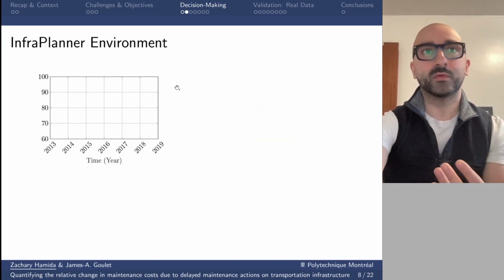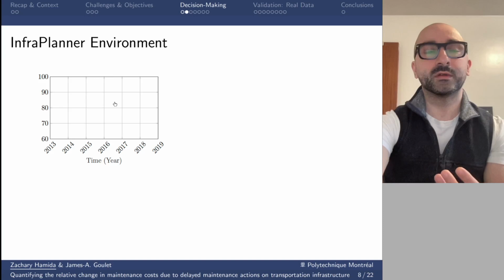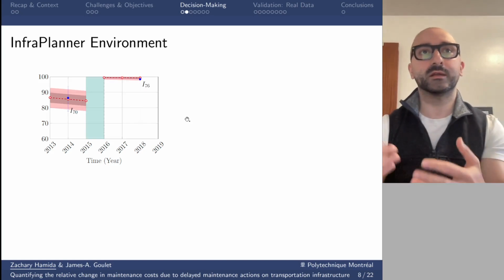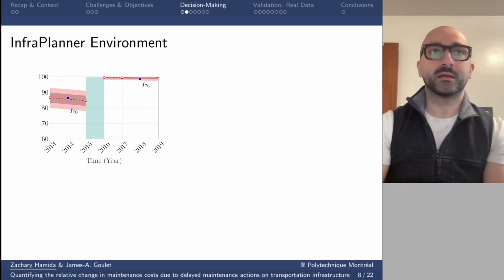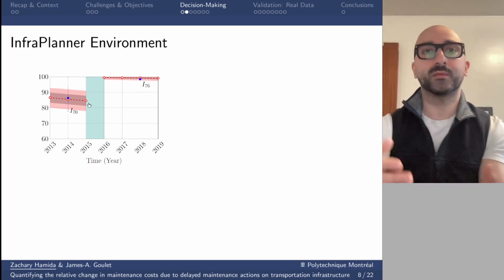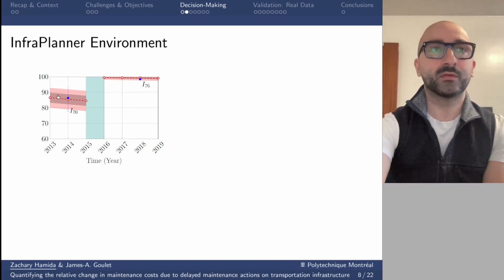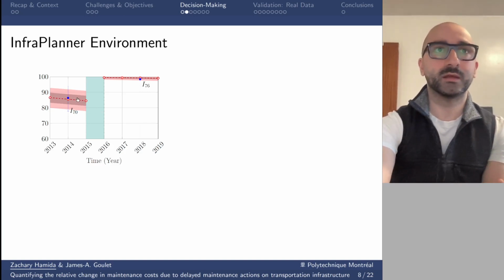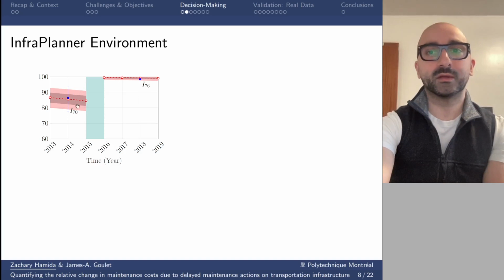transportation infrastructure. So in transportation infrastructure, it's the same thing. We have an environment where we have a structural element that is deteriorating over time. If we perform repairs, for example, the deterioration here is represented by the red dashed line, with the uncertainty or the confidence interval around it.